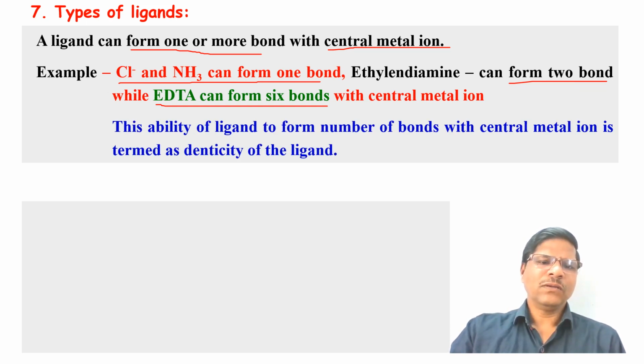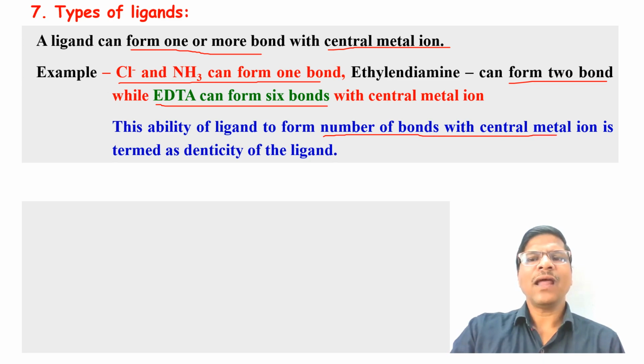The number of bonds a ligand forms with the central metal ion is called the denticity of the ligand. Denticity. Dent means tooth. How many teeth does the ligand have? The bond is taken like that of teeth. We hold some object in our mouth with the help of teeth.